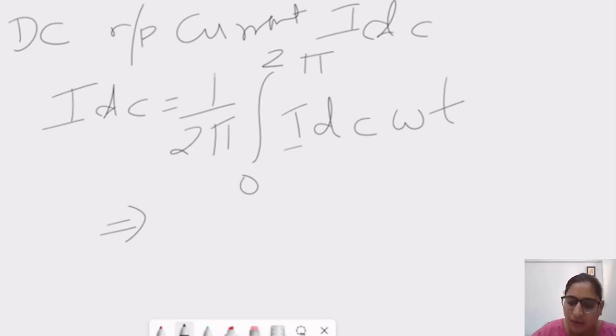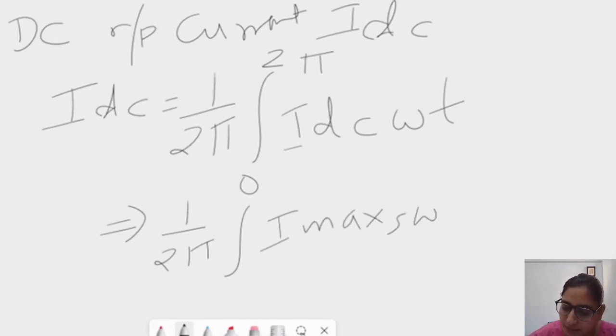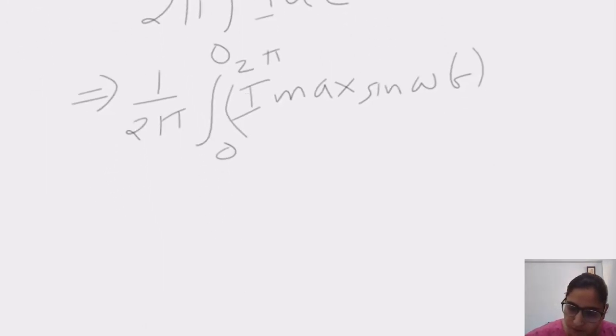Now we have to simplify this. 1 upon 2 pi, we know that IDC is nothing but the I max output current. DC output is I max sine omega t, and the range is 0 to 2 pi. So we have to do a process of integration here.